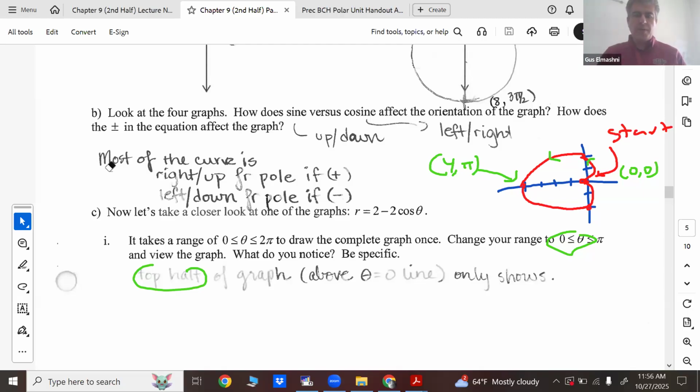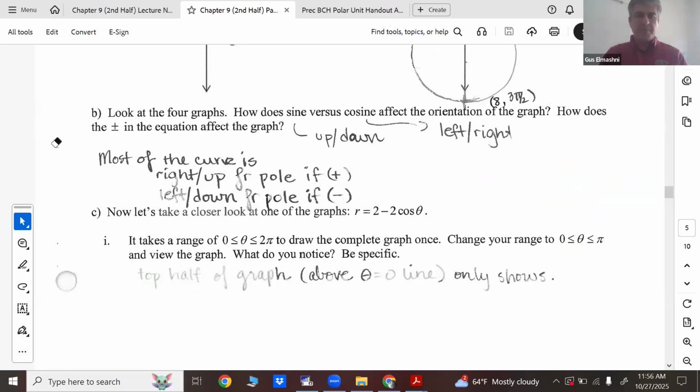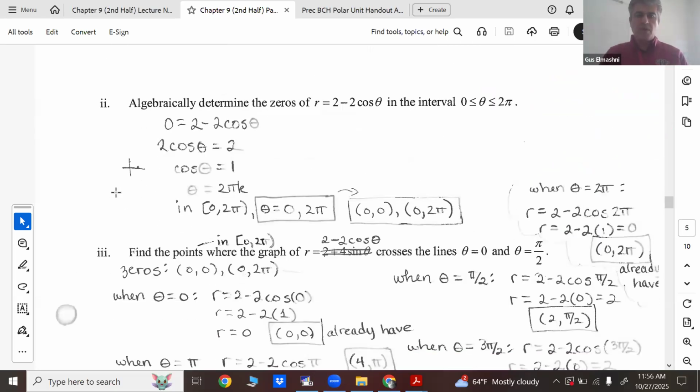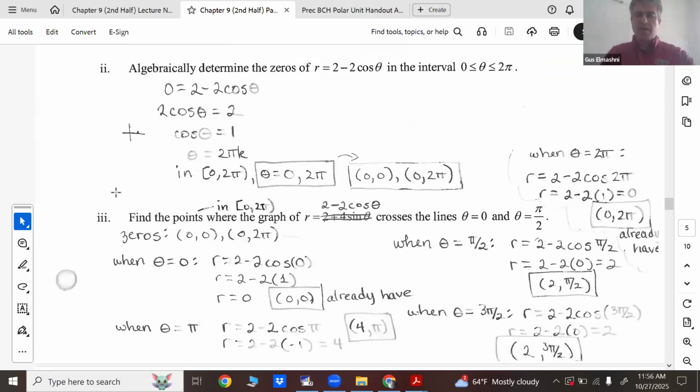So go and try the other parts of these notes. I'll walk around, help you guys out. So go and start over here. I'll turn this off for a moment. Okay, so replace R with 0, solve. Tell me where you're touching the pole. Again, plug in 0 for theta, and also pi and 2 pi.